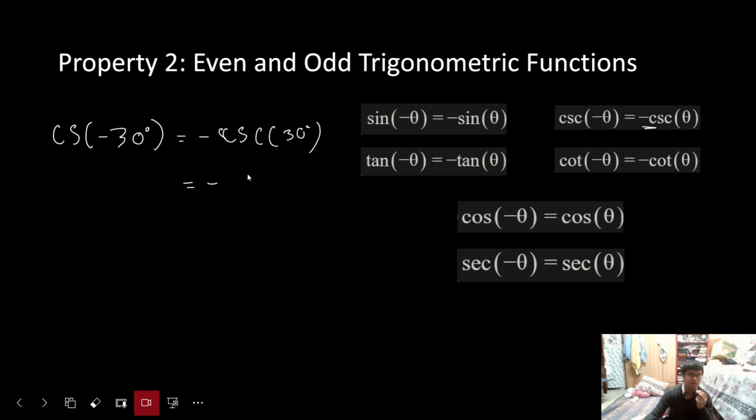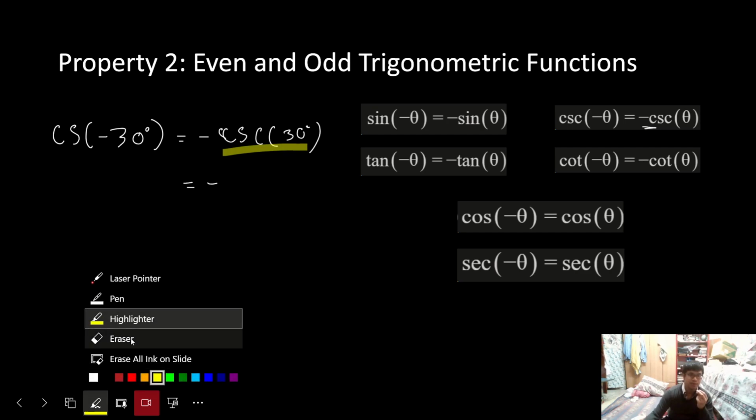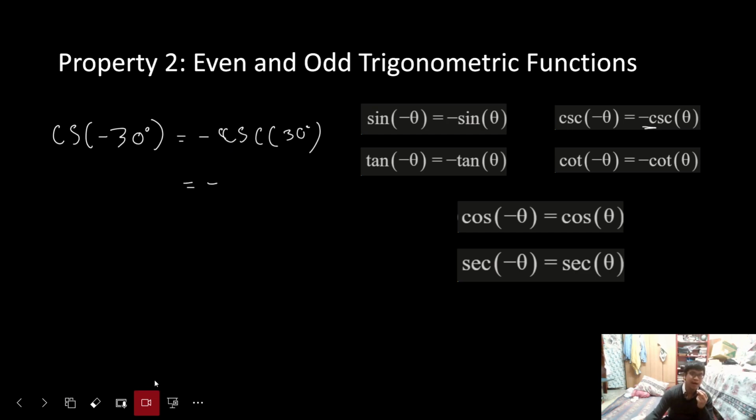Or if you don't understand how I got it, remember the reciprocal identity for the cosecant, right? Cosecant is the reciprocal of sine. So meaning we can have 1 all over sine of 30 degrees. And remember that the sine of 30 degrees is 1/2.